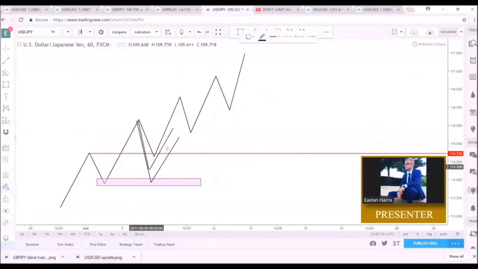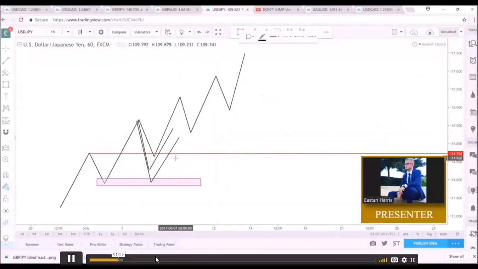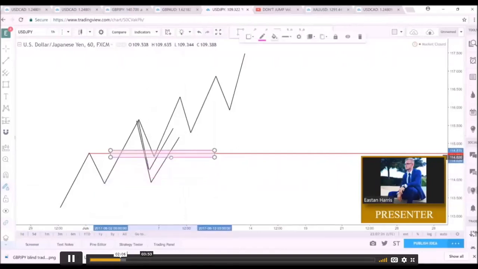Now, as this goes on, since you've made a higher high, now this is your structure. And everybody see how and why this structure moved from here to here?